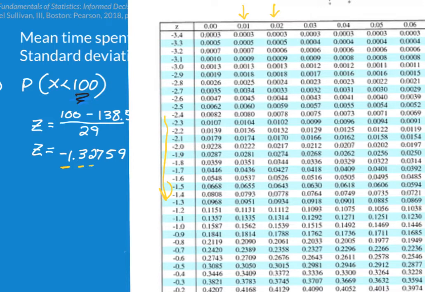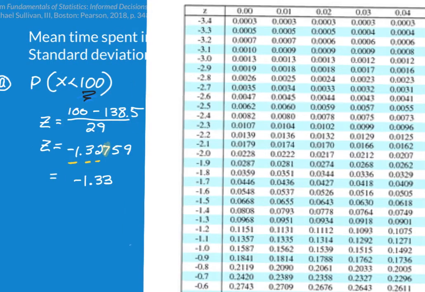So let's convert our z-score to just three significant digits. Let's make it negative 1.33; we need to round up because of the 7 that is following the 2. When you are reading this chart, make sure you're aware that going down the column and across the top, combining those numbers, gives you your z-score. And that z-score is a reference that lets you enter the table and find the area to the left of the z-score.